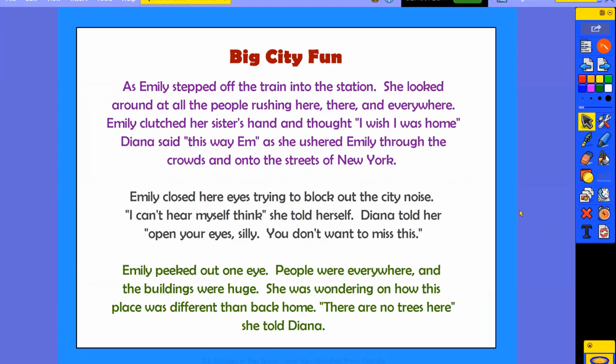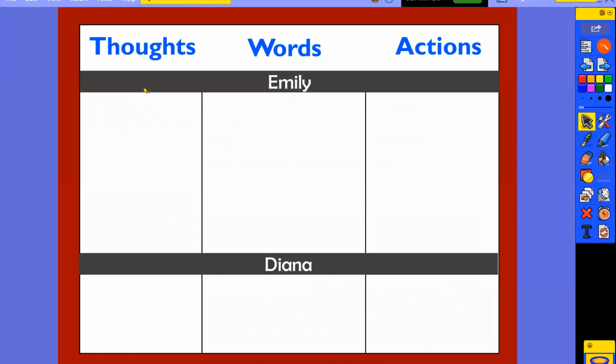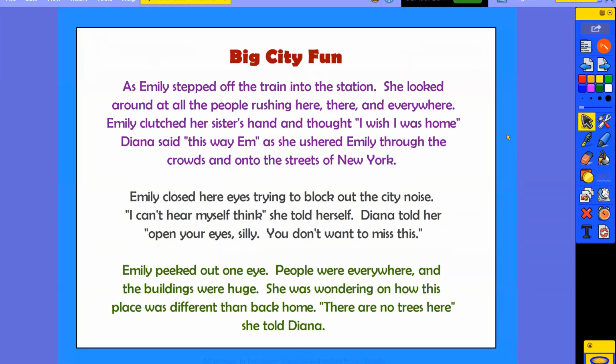Okay, for this story, we have two characters, okay? We have Emily and we have Diana. I'm going to go back to the previous page with the passage. Pause the video, and categorize the thoughts, actions, and words based on Emily's character and her sister Diana's character.